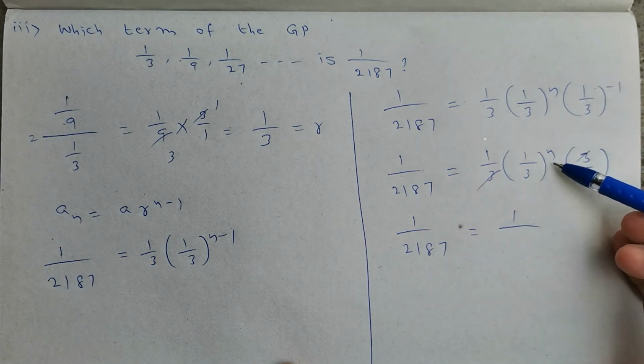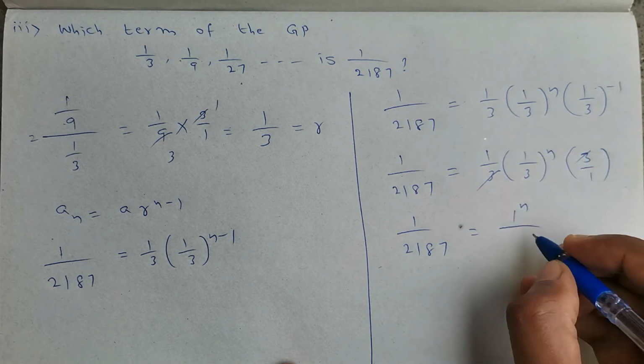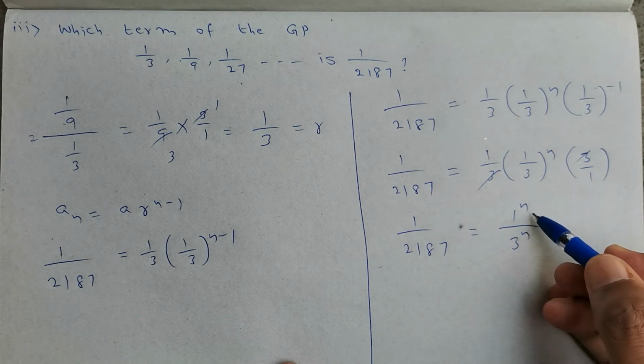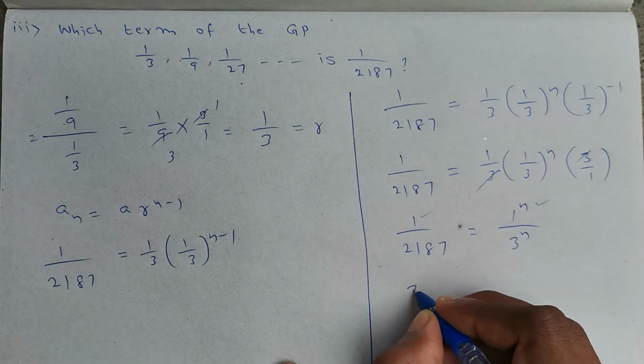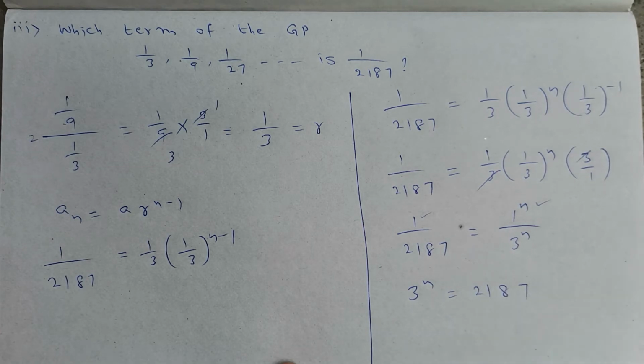1 by 3 whole power n is nothing but 1 power n divided by 3 power n. Here 1 power n is nothing but 1, so it is 1 divided by 3 power n. Both the numerators are the same, so the denominators are also equal. 3 power n is equal to 2187.